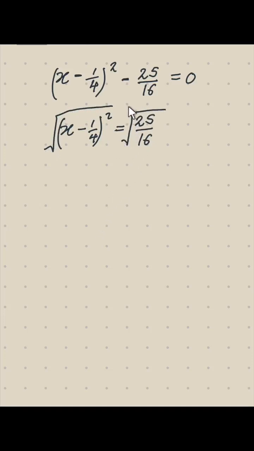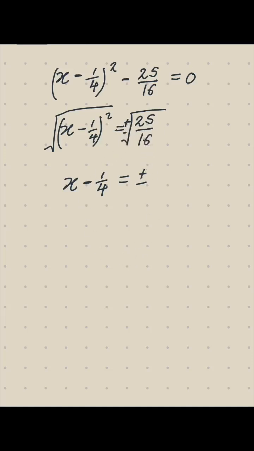Now remember, once you find the square root of this side, it should be plus or negative. So in short, what we have is x minus 1 over 4 is equal to plus or negative. Actually, the plus or negative should be written here.